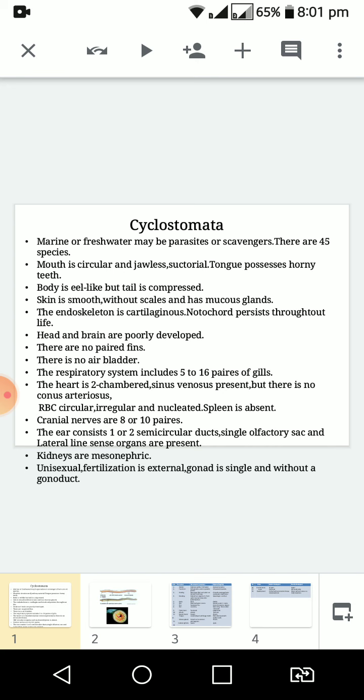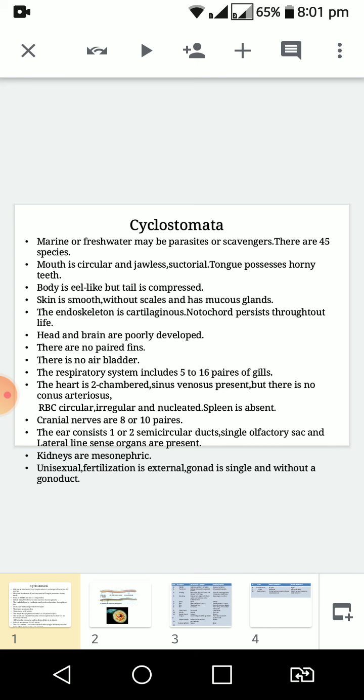In the respiratory system of Cyclostomata, 5 to 16 pairs of gills are present.